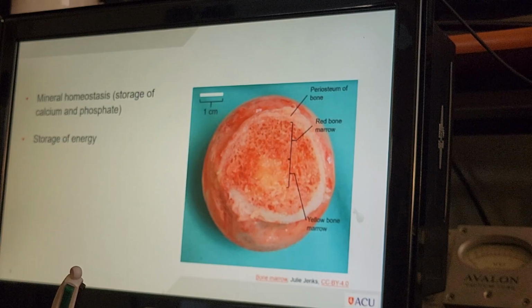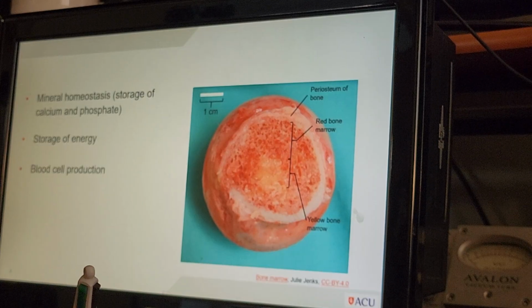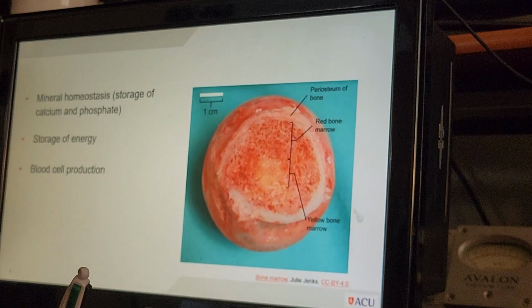This is another form of storing lipids as an energy resource for the body. Now, in the red bone marrow that we can see contained within the spongy bone, this is where we have blood cell production, so both red and white blood cells and also platelets are able to be produced in the red bone marrow.